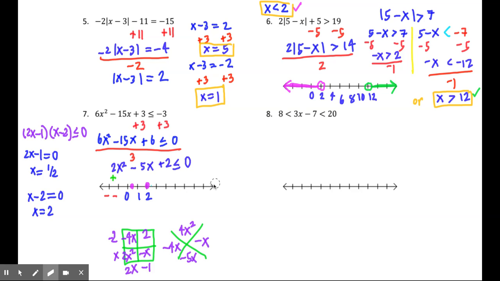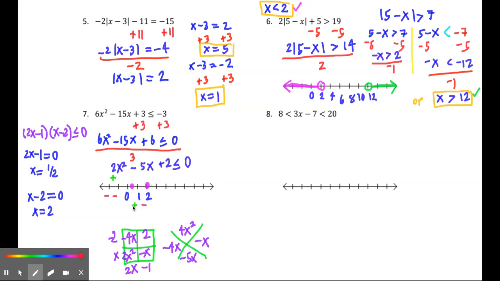Now we want to pick something in our other section, so like 1. So if you plug in 1 here, you'll get like 2 minus 1, which is positive. And then if you plug in 1 here, you get 1 minus 2, which is negative.